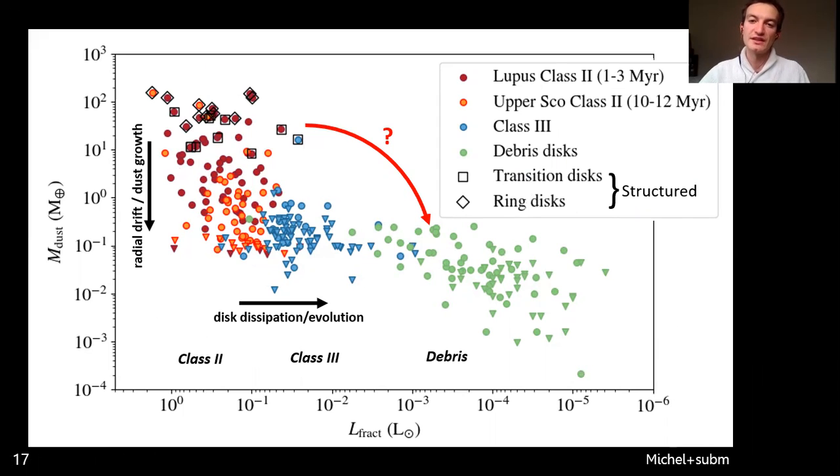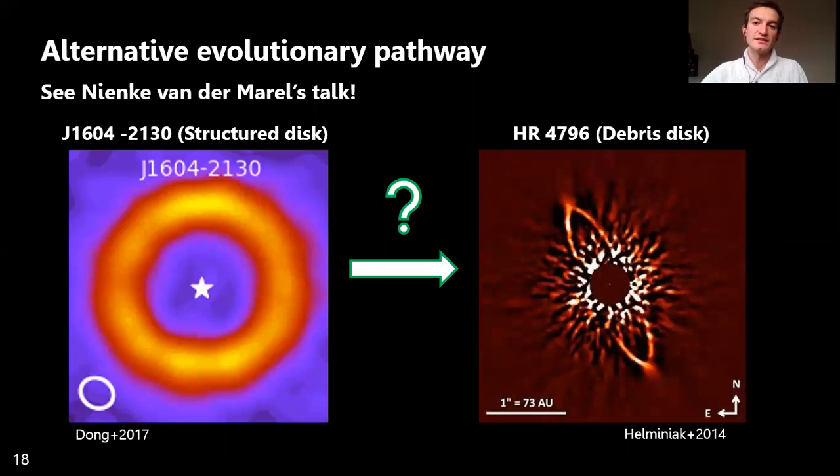And so we posit that these are the progenitors to debris disks. Since we have these possible pressure bumps that are trapping dust at large orbital radii, they can basically grow the dust in these rings into planetesimals. Eventually, when the gas dissipates, this provides an alternative evolutionary pathway where planetesimal belts at large radii undergo a collisional cascade and form a debris disk.